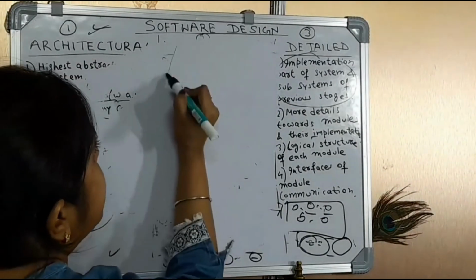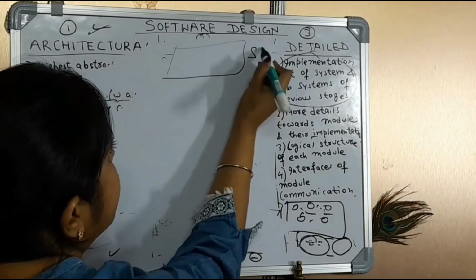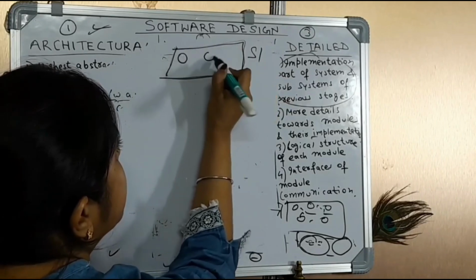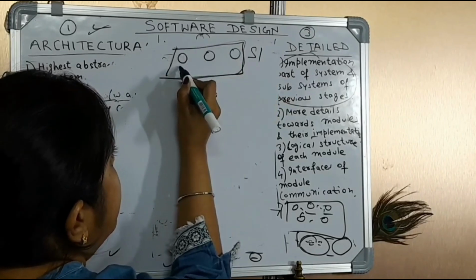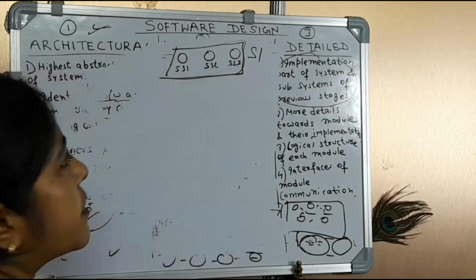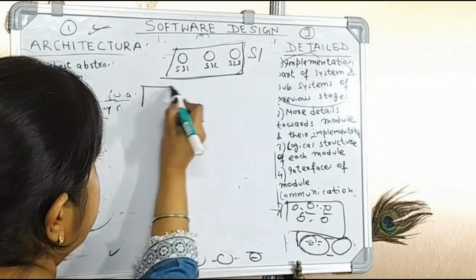Here, this is my system S1, and I have some subsystems. Suppose these three subsystems are there: SS1, SS2 and SS3. These are my subsystems.